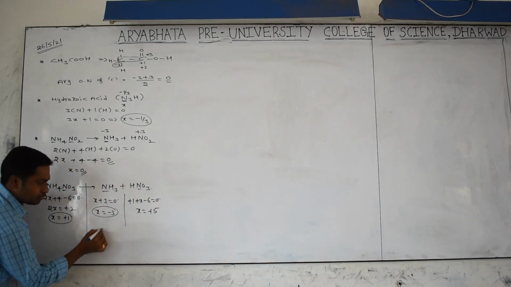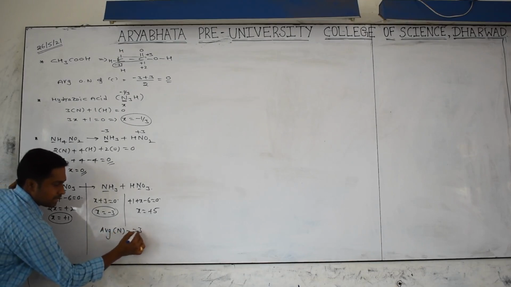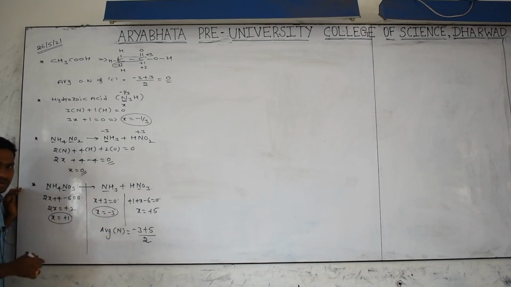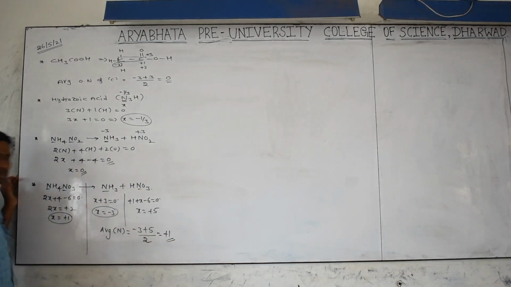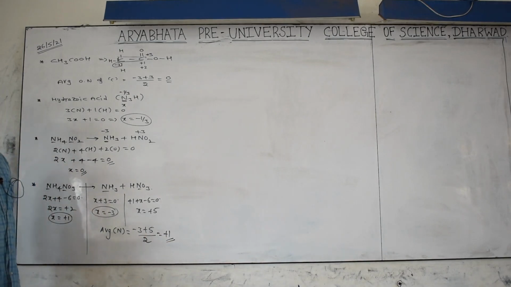So the average oxidation number of nitrogen is -3 plus 5 divided by the total number of nitrogen atoms, 2. How much is it? +2 by 2, which is +1. The average is no problem, but if individual or separate values are asked, we have to go for structures.